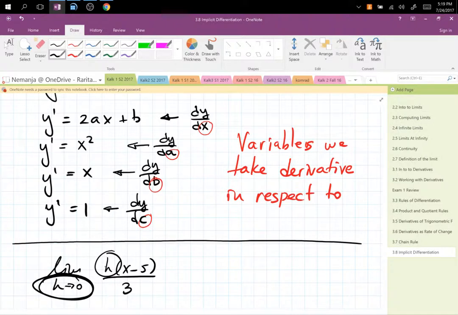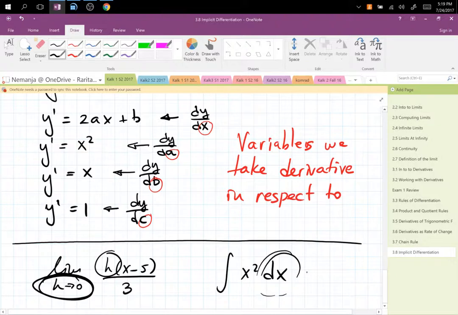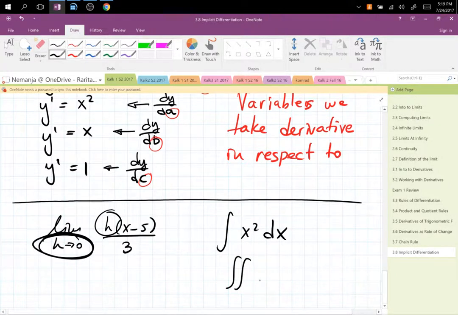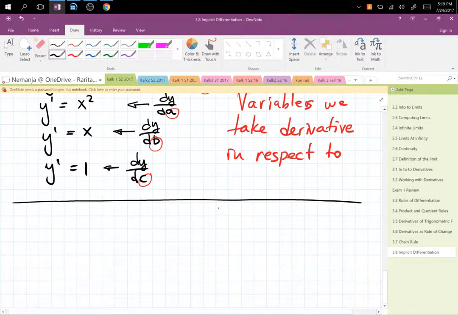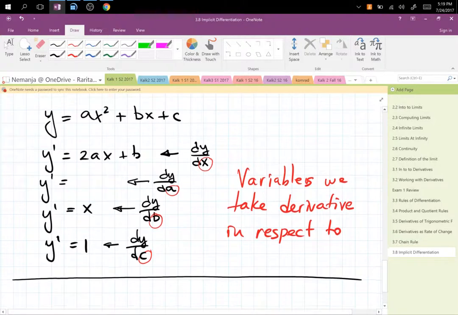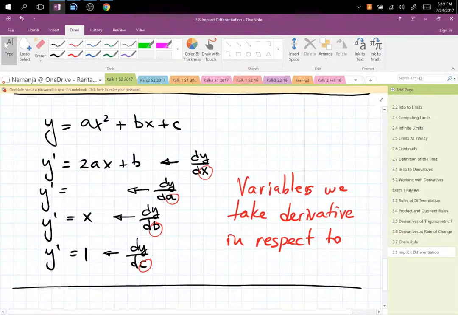These things, these dx, dA, they're not there for decoration. When you write the integral, this dx at the end will not be for decoration. Because in Calc 3, guess what? The order in which you put them will matter. So you have to get used to these dx, dy, dA, whatever it is, because that tells you, hey, this is the variable for the problem.